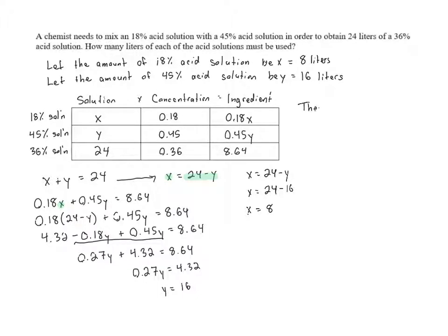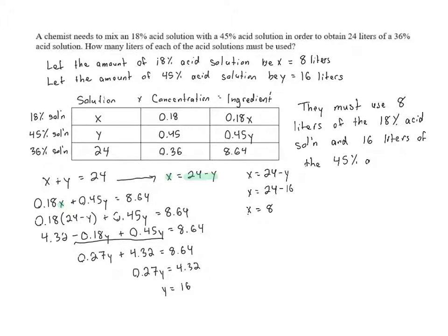We can say they must use 8 liters of the 18% acid solution and 16 liters of the 45% acid solution. And that is our final answer.